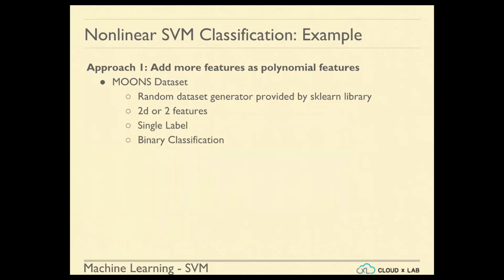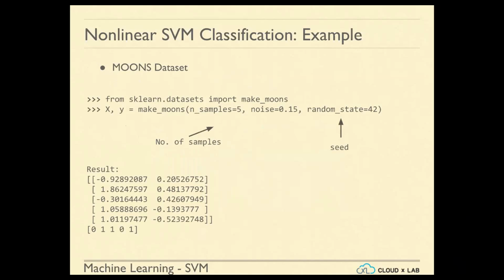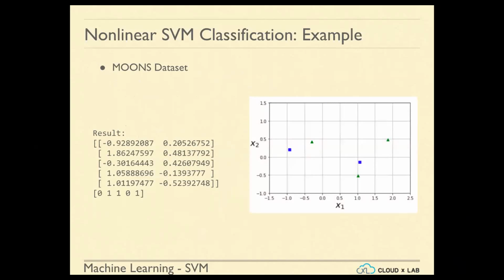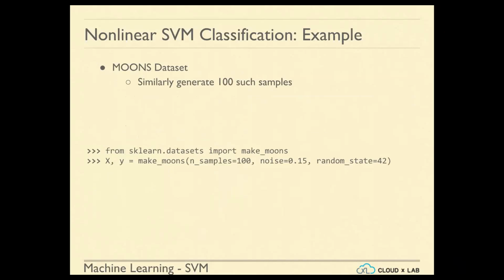Then we generated random data using the moons dataset, and we tried to add the polynomial features there. This is the kind of data we had.